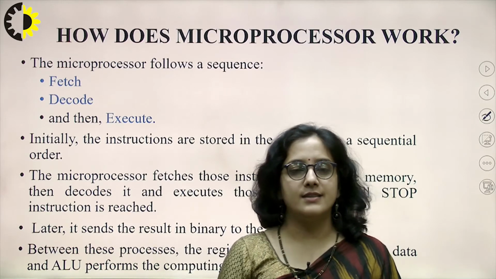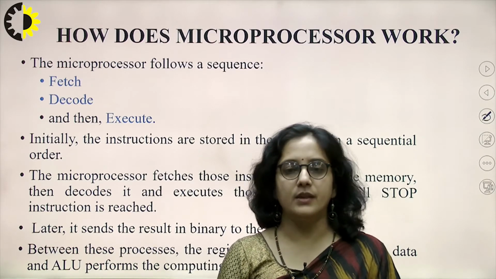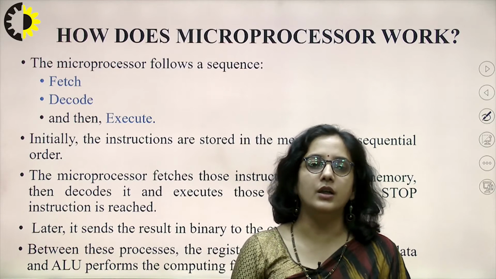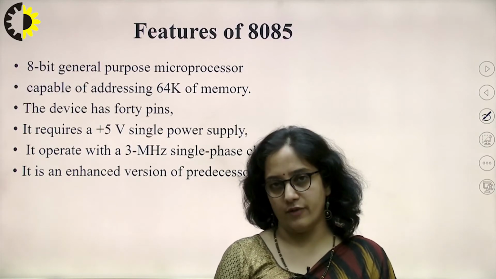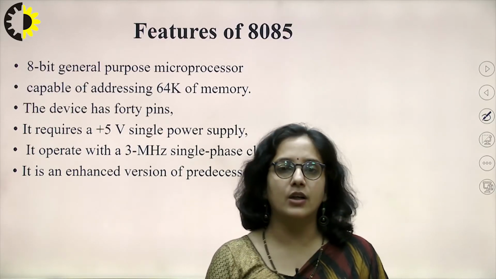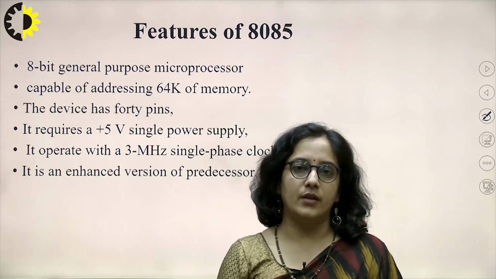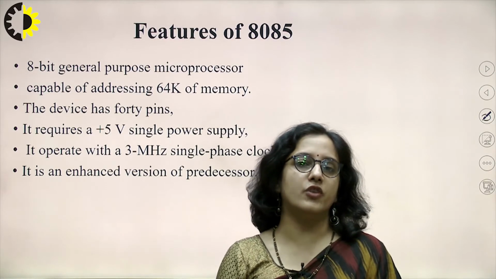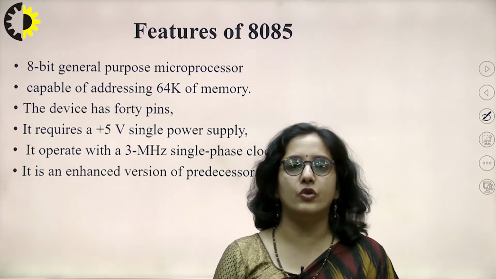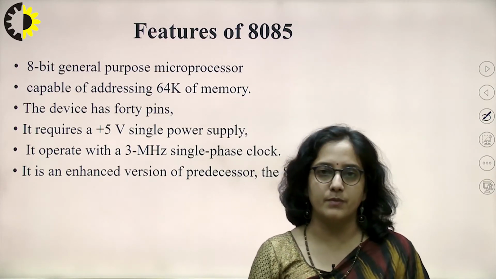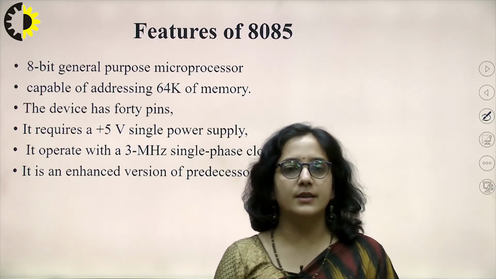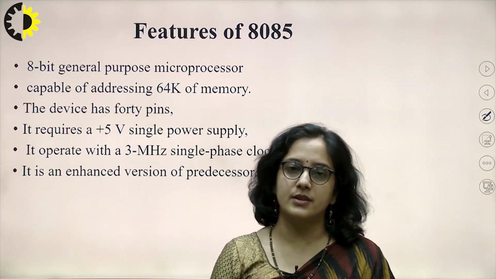Right now we are discussing the working, but now I am going to cover the features of the 8085 microprocessor. That is the basic microprocessor, or you can say the first microprocessor, which is still used now in our labs for experimental purposes, and it gives us the basic idea of how a microprocessor works.